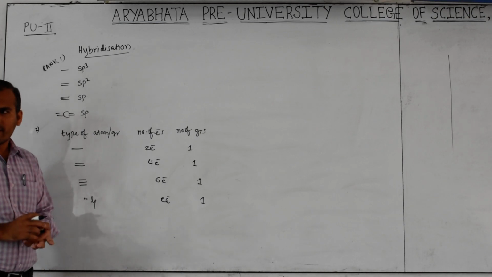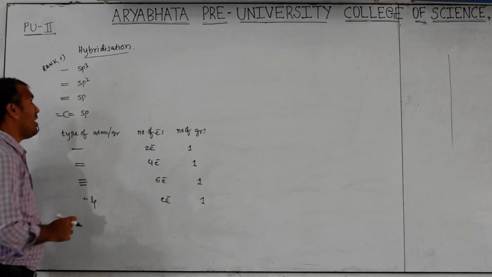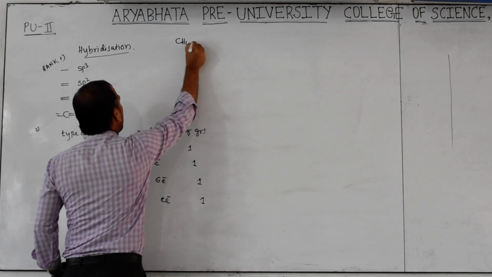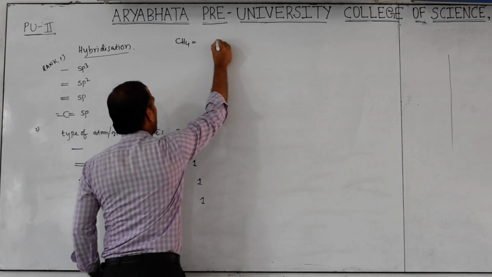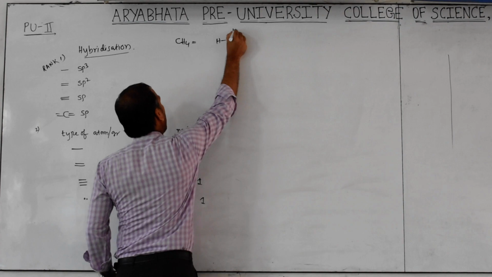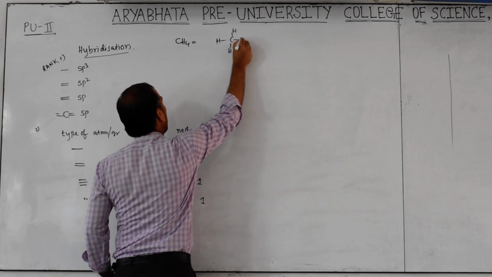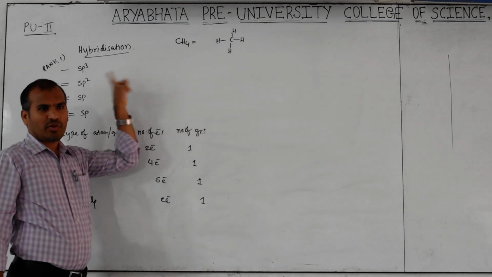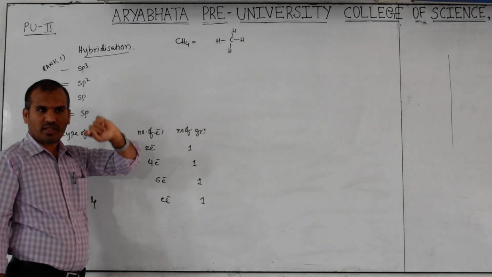Then what is the trick here? Now take any one molecule. Methane, CH4, written as C with H, H, H, H. If you follow this shortcut, around the carbon all are single bonds, so the hybridization is sp3.